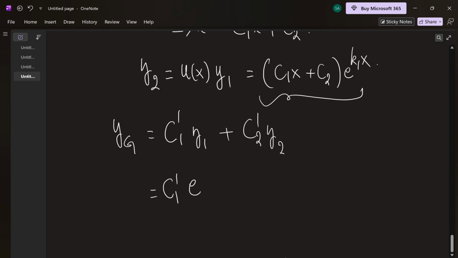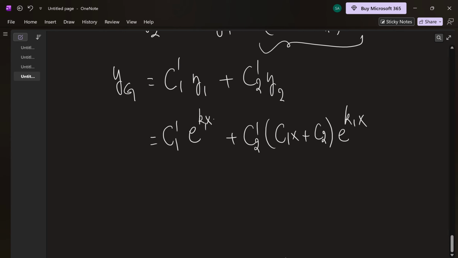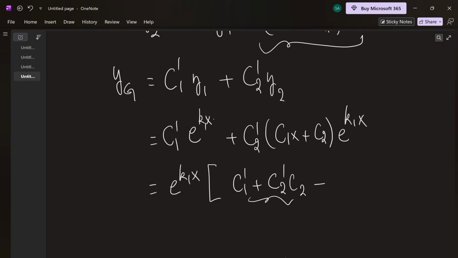It is C1 prime u1, which is exponential k1x, plus C2 prime times this guy here, (C1x plus C2) exponential k1x, which finally, when you factor out exponential k1x, you will find something like this: C1 prime plus C2 prime C2, this is a constant, plus C2 prime C1x.